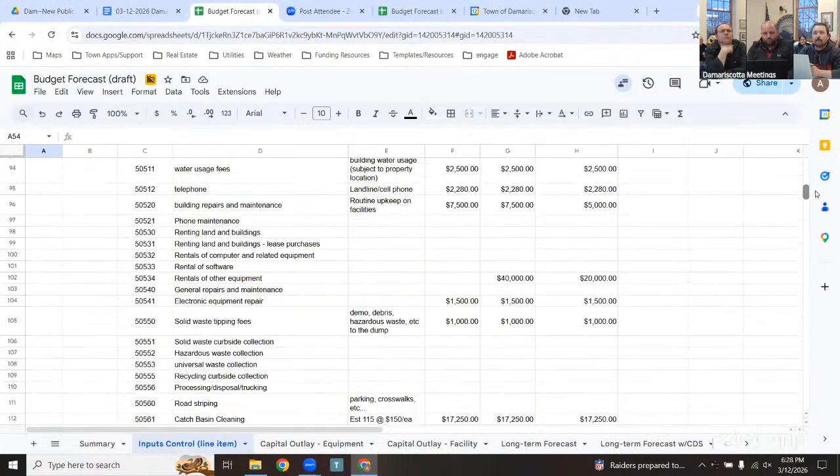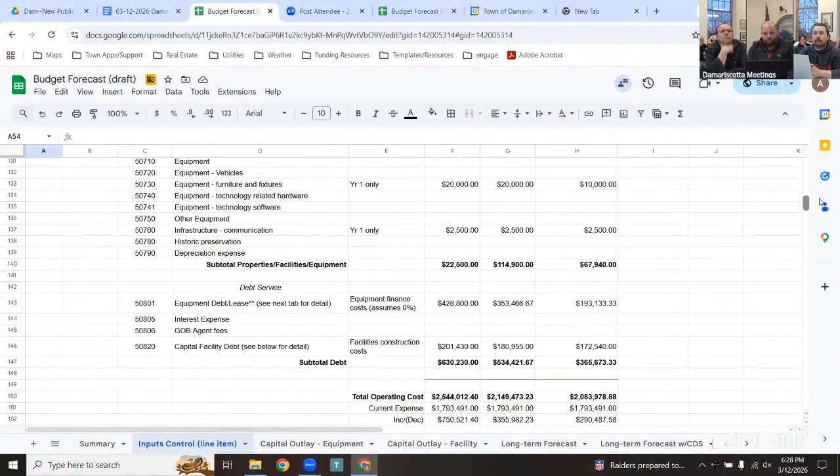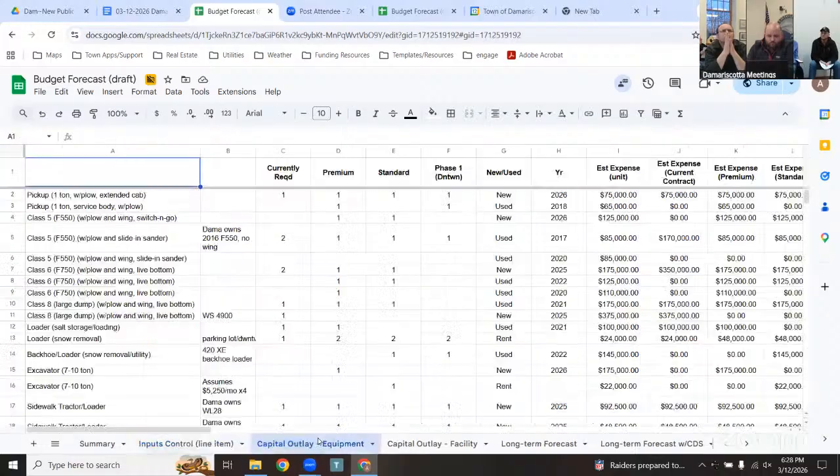So go back to input control and go down to equipment. The numbers way down here, where you look at facility, equipment and debt, are fed by the next tab, which is capital outlay equipment. That number matches what's down here, and this is driven again by the premium and the standard, which you can see in the top right, and then the downtown phase one.